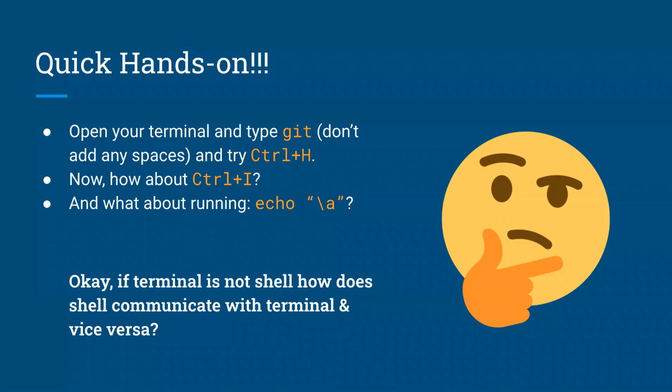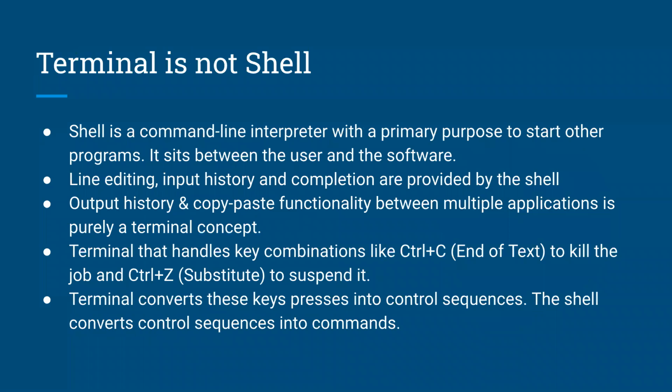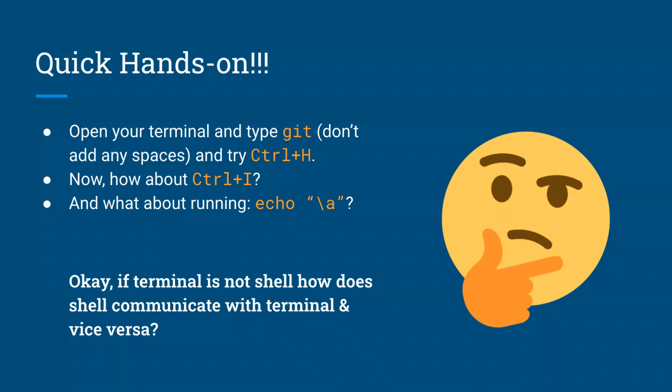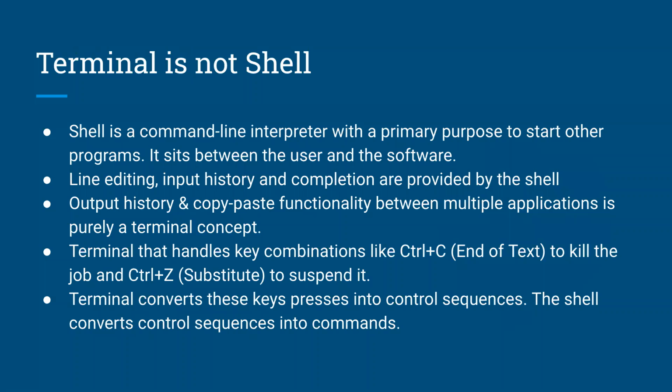So now that we know the difference and the responsibilities between the shell and the terminal, how do they communicate? Like I said, the terminal converts these and sends control sequences to the shell, and then the shell gives out output.